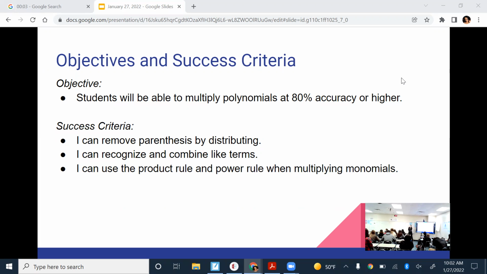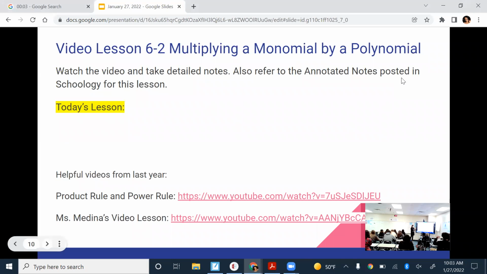You need to be able to remove parentheses by distributing. You need to be able to recognize and combine like terms, and then use the product rule and power rule when multiplying monomials. The last one's a little bit more new, but we did it in the 6-0 lesson, so we're just applying it again in this lesson, product rule and the power rule.